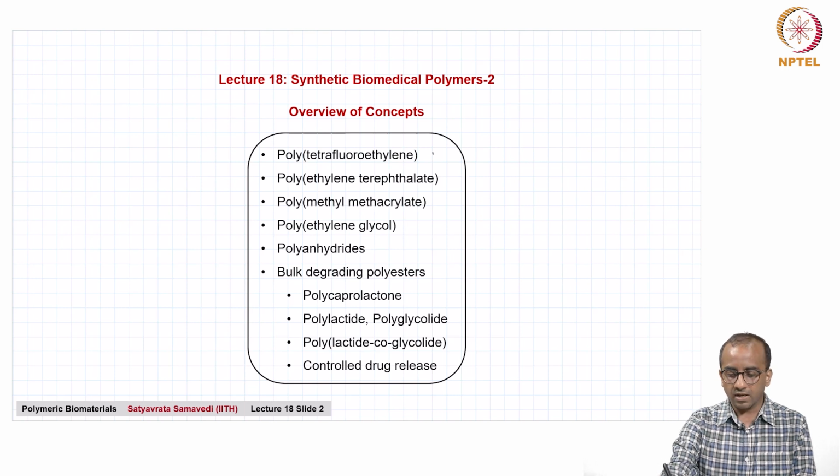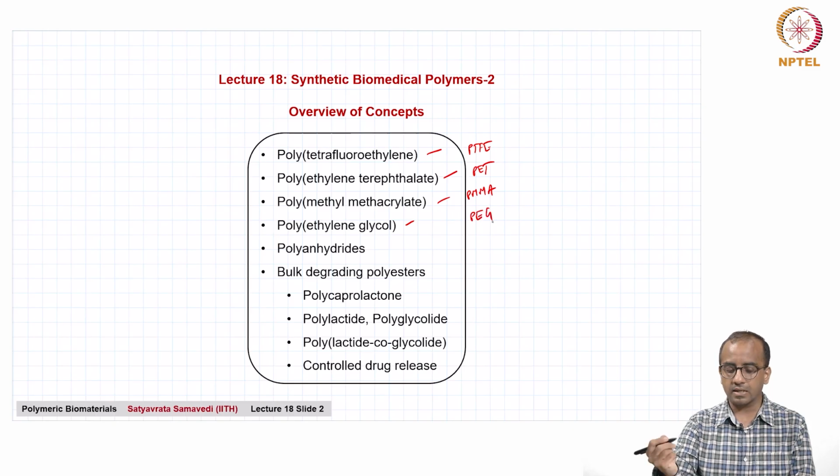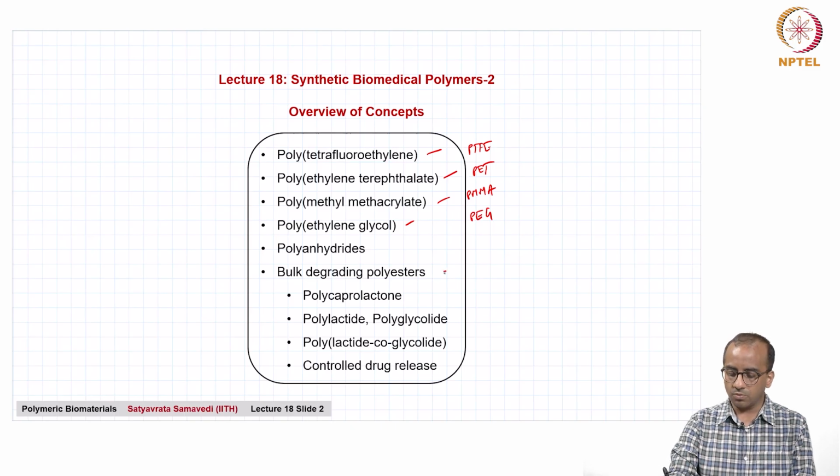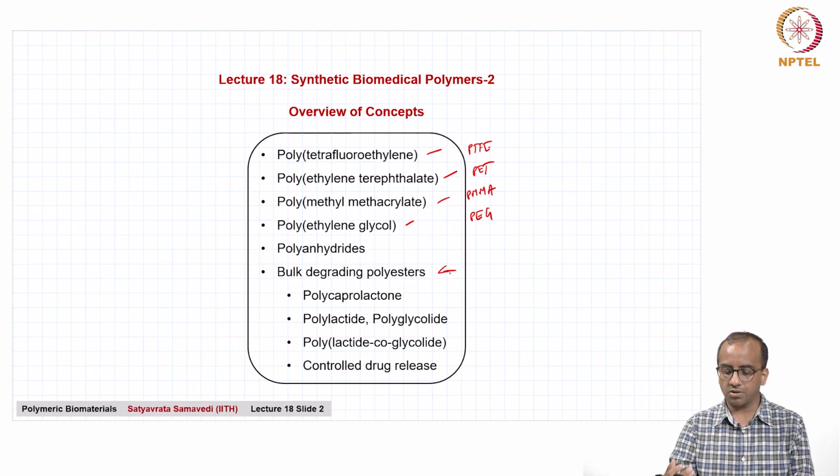So, we will be looking at specific polymers, namely polytetrafluoroethylene, polyethylene terephthalate, so this is PTFE, this is PET, polymethyl methacrylate or PMMA, polyethylene glycol which is PEG. Polyanhydrides are a class or a family of polymers which we will look at, and then towards the end we will focus on degradable polyesters.